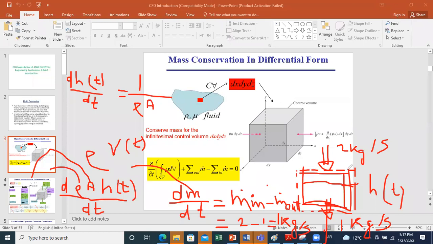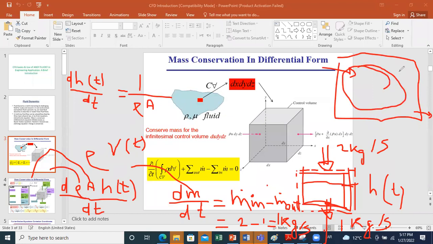On the other hand, if I give you the problem of a room where you introduce air, and you have an outlet, and you want to know how the air will be distributed in the space, what will be the temperature at each location, what will be the velocity at each location, then you need to do a microanalysis. First, you need to divide your space into very small parts. This is the meshing part.